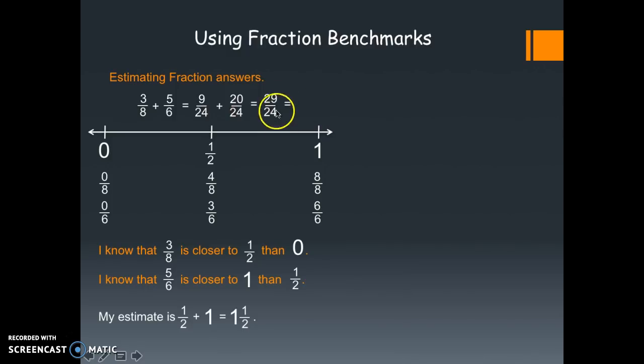So 24 goes into 29 once with 5 left over. So my actual answer is 1 5/24. Now 12/24ths would be exactly 1.5, but this isn't too far off. So I know that my answer is reasonable. As long as I'm within about a half, I'm okay. Let's look at another one.